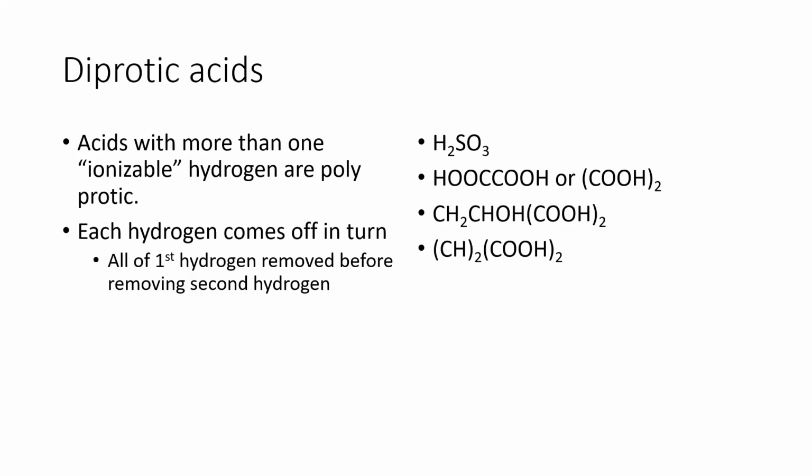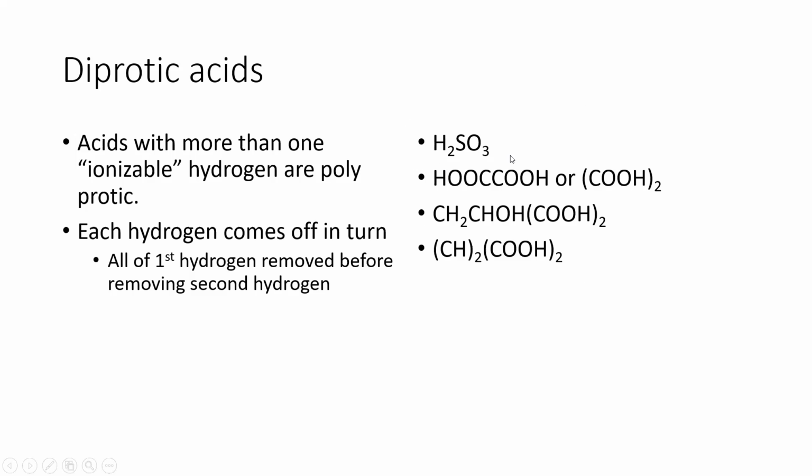Now, when we have the hydrogens coming off of these, they're each going to come off in turn. Instead of all of the hydrogens on a diprotic acid coming off at once, they'll come off one at a time. Let's look at the right-hand side here. Here are some examples of diprotic acids. I want to focus right now just on the H2SO3. This is sulfurous acid.